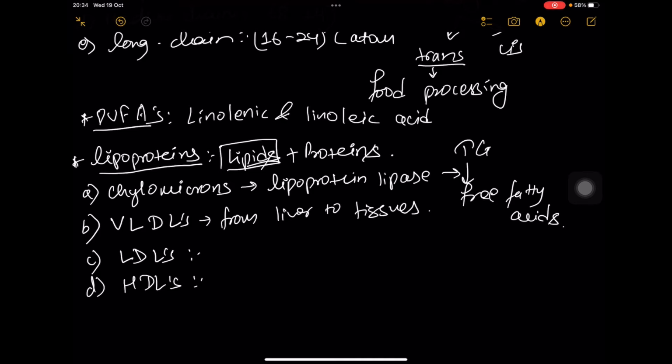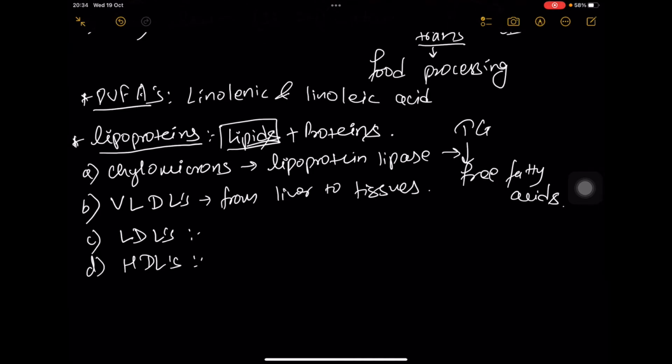Another is low density lipoproteins, which are formed from very low density lipoproteins, and their work is to transport cholesterol from the liver to other tissues, so it is bad for our health. And another is high density lipoproteins.